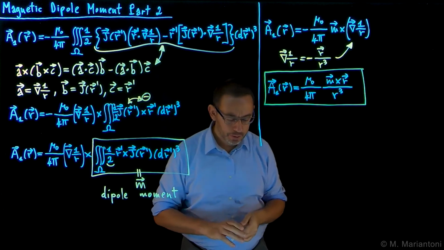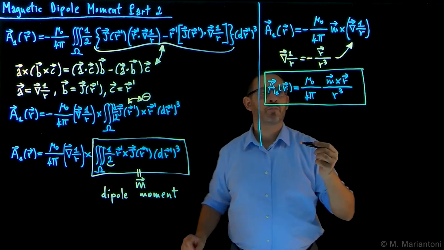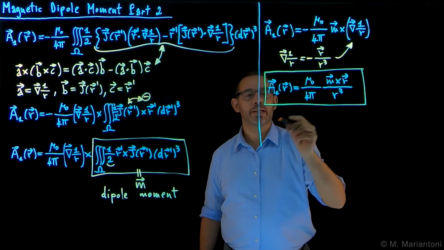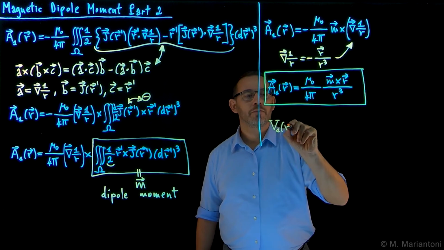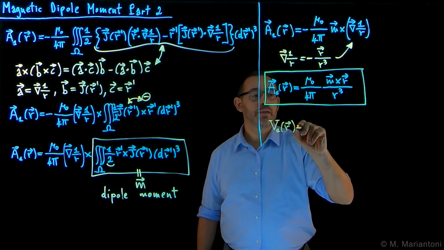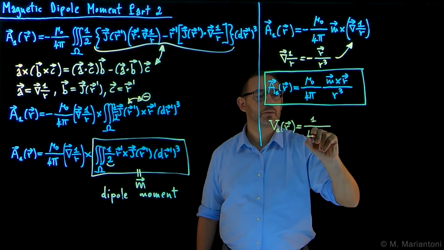Now this is interesting because if you remember, in the case of the electric field, we found that you can call it V1 at R is given by, instead of mu naught over 4 pi, 1 over 4 pi epsilon naught.